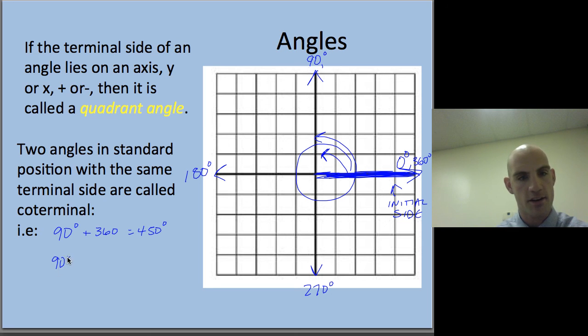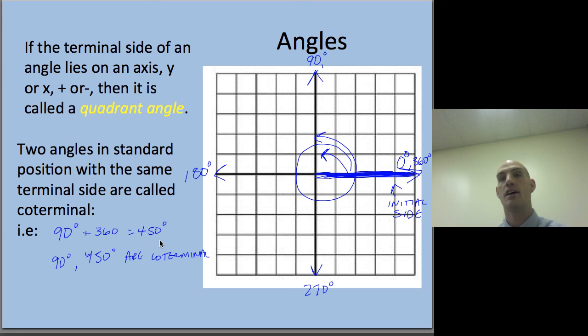So 90 degrees and 450 degrees are coterminal. It works that way with any angle. If I had a 45-degree angle and I went around 360 to 405, still would be coterminal. All right? That's basically how this works. That's standard position. It's putting an angle with the initial side on the positive x-axis.